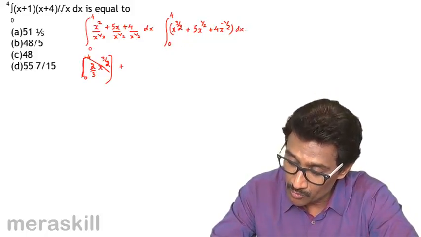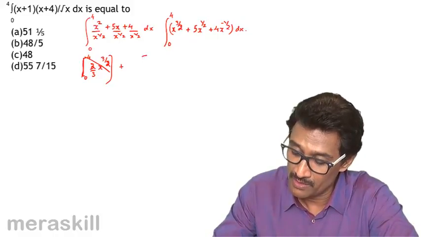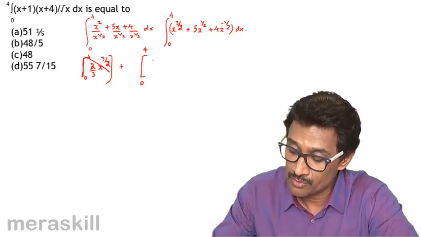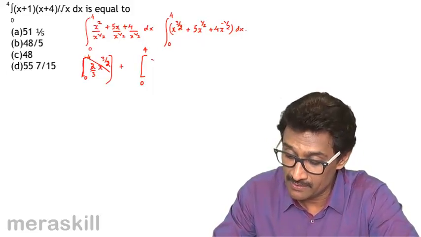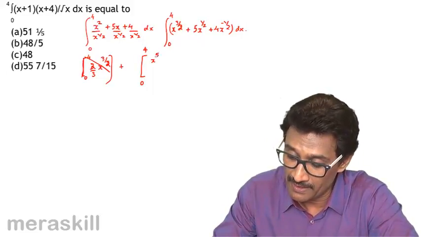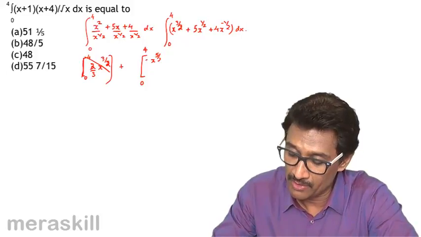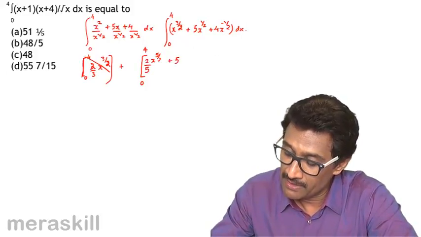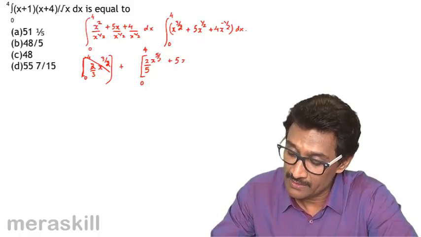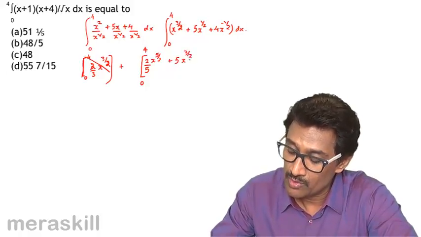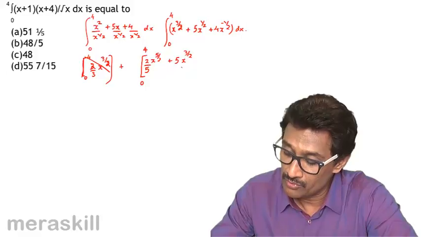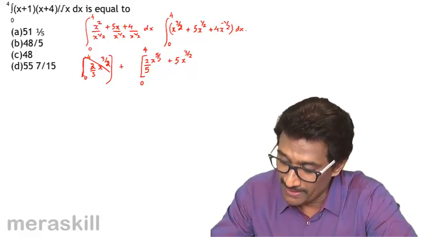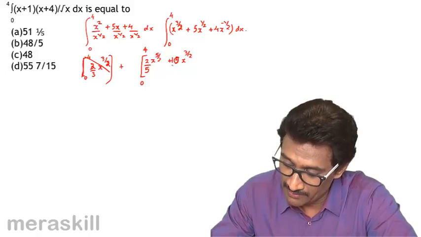Now this is going to be x raised to 3 by 2 plus 1, that is x raised to 5 by 2 upon 5 by 2, which is nothing but 2 by 5. Then 5 into x raised to 3 by 2 upon 3 by 2, which is going to be 2 by 3, so it's going to be 10 by 3.